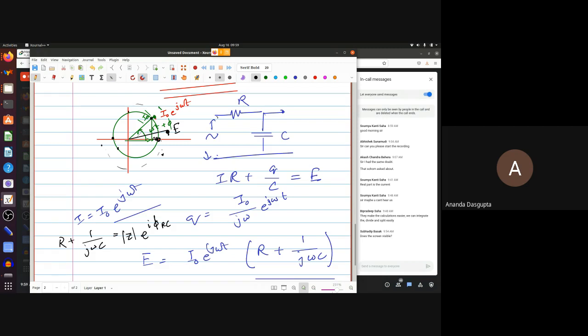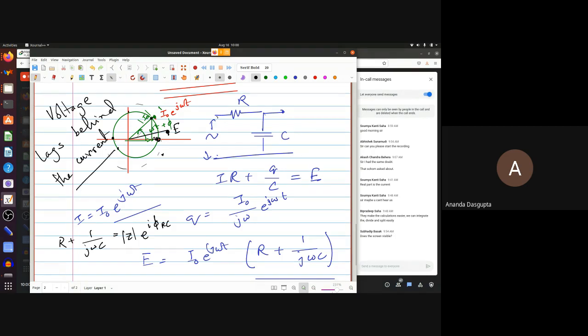So current goes to a zero before the voltage goes to a zero a while later. Then the current goes to a minimum, and the voltage goes to a minimum a while later because it's following it around, right? So this is what we mean when we say the voltage lags behind the current.